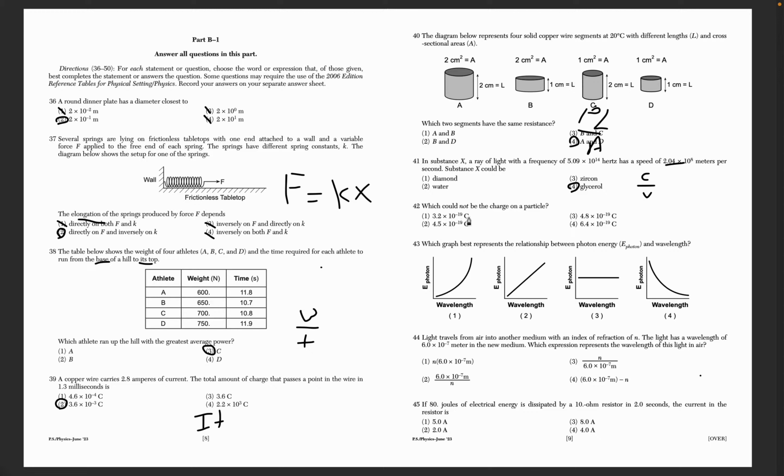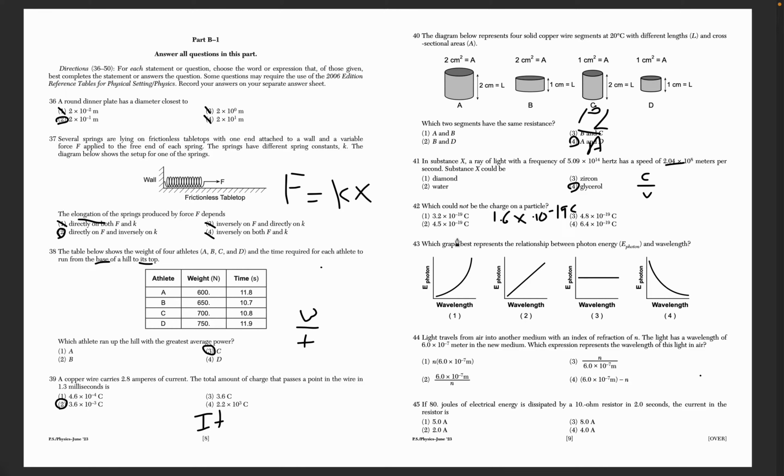Which could not be a charge on a particle? Well, the elementary charge is 1.6 times 10 to the negative 19 coulombs.